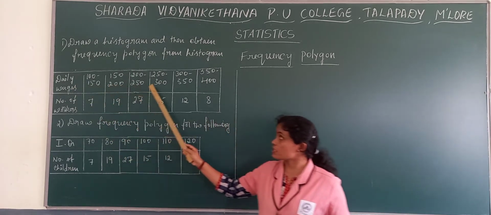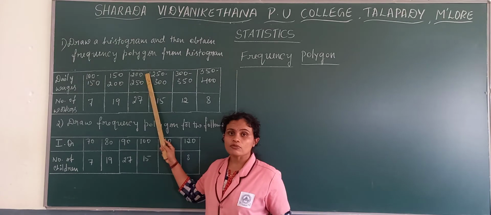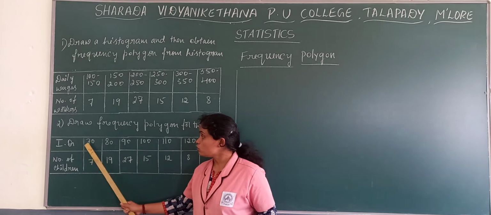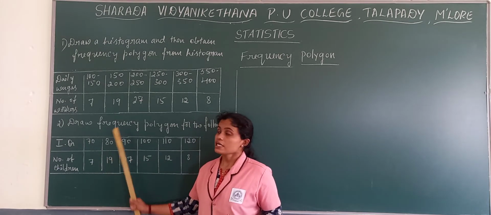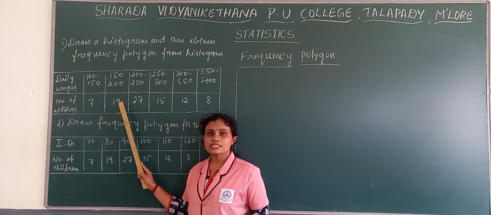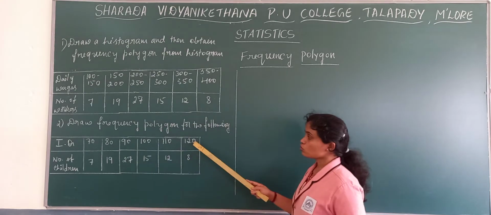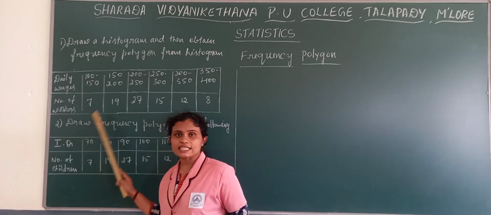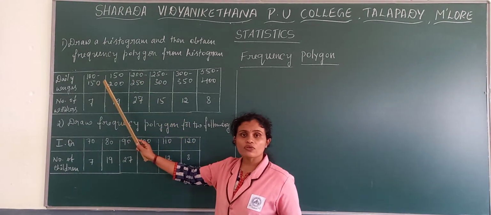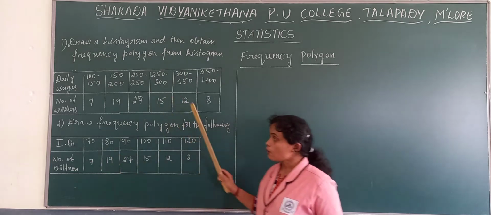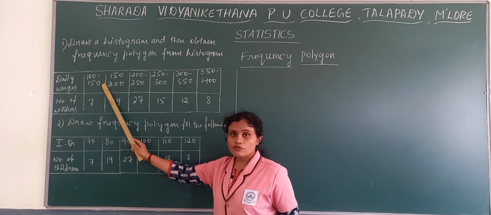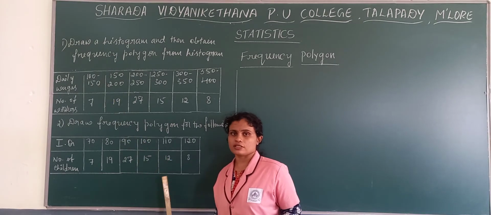You can see the class intervals where we take width, and here you see this is a discrete frequency distribution where we do not consider class intervals. While framing a frequency distribution, if we consider class intervals, we call it a continuous frequency distribution. If we do not consider class intervals, we call it a discrete frequency distribution. But as I said, a histogram we draw only for continuous frequency distribution, but a frequency polygon we draw for continuous as well as discrete frequency distribution.